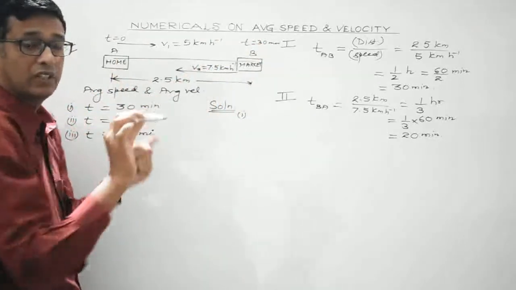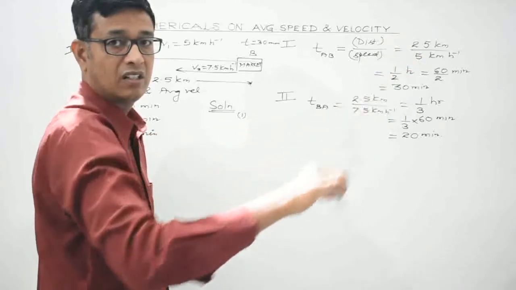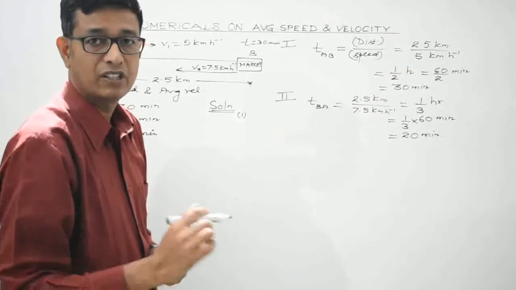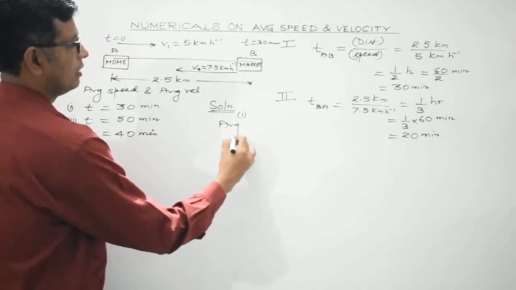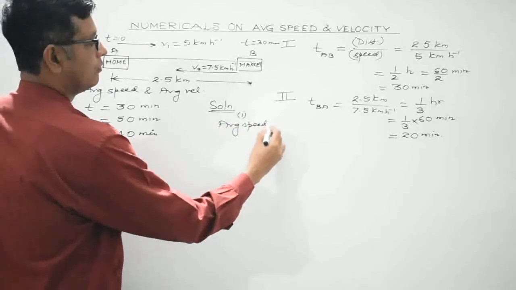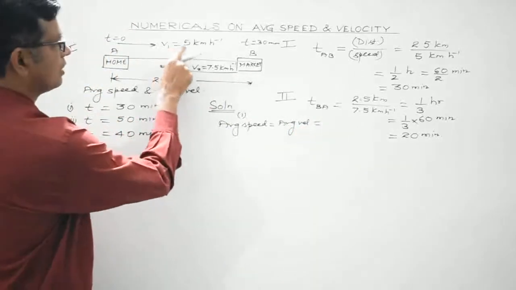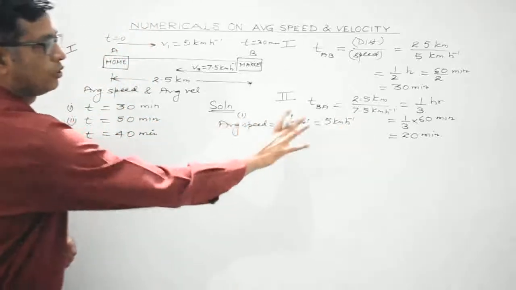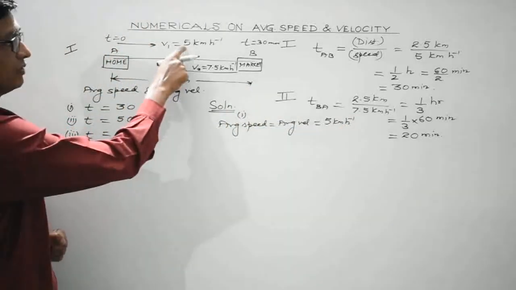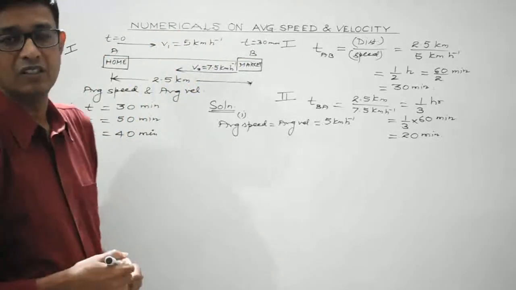Whenever a body moves along a straight path in the same direction, its average speed is equal to its average velocity. So in this case, average speed equals average velocity, which equals 5 km per hour. No need to solve it, since the uniform speed is already given.